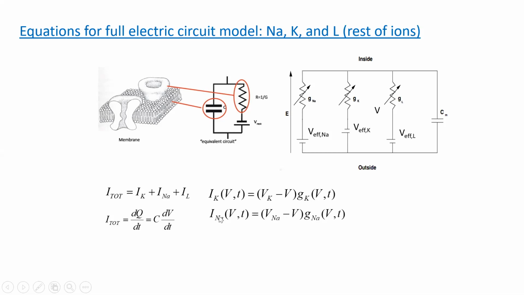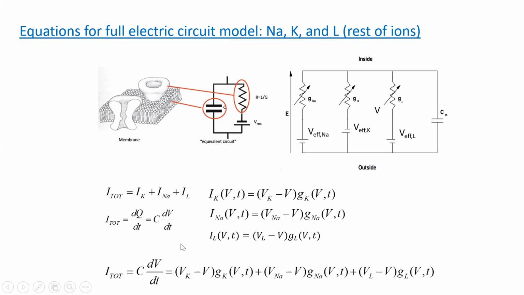Again, the sodium current depends on the effective potential for sodium times the voltage-dependent conductivity for sodium. And that's because of the inactivation and activation gates, which we looked at earlier. And then also the rest of the ions have a similar form.